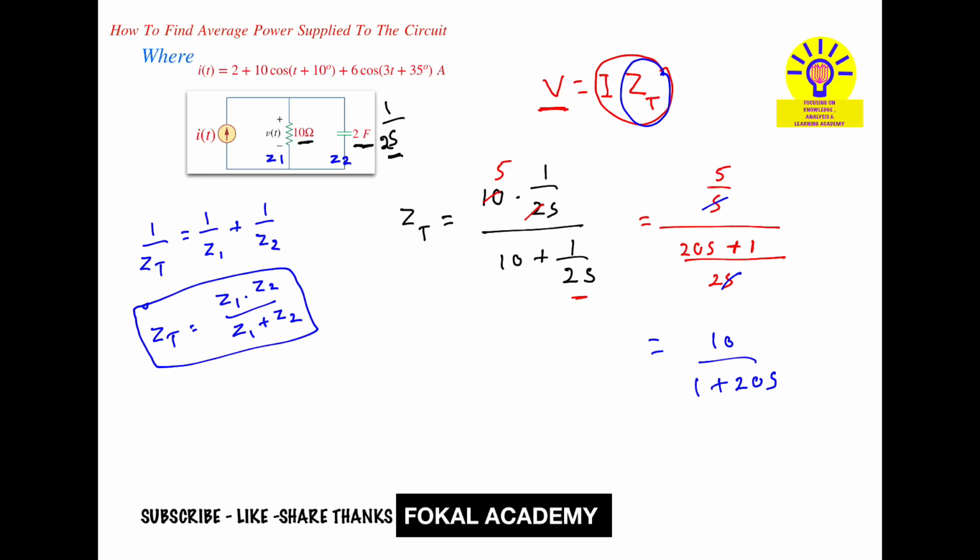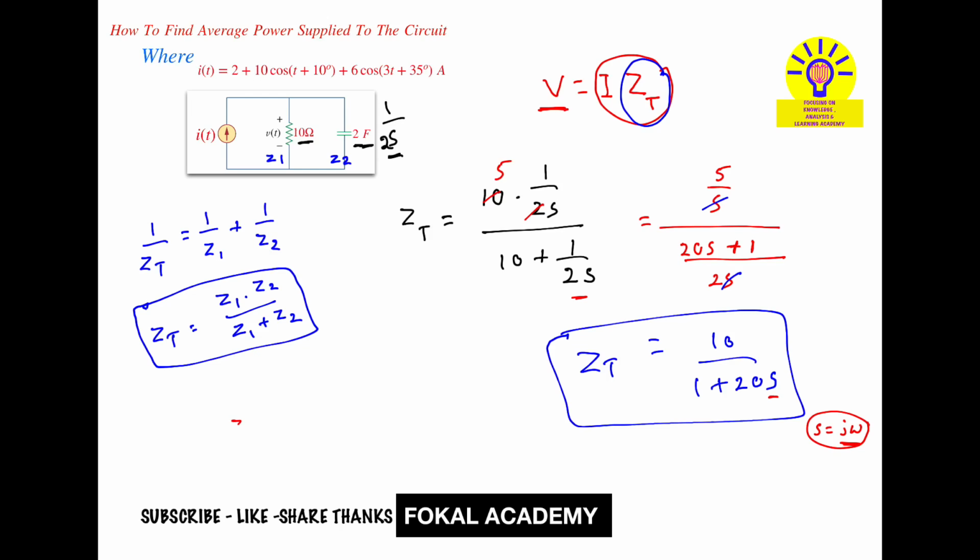So this is the overall impedance for the given circuit. We know that S means j omega. So in the place of S substitute j omega, and we get overall impedance equal to 10 by 1 plus 20 j omega.